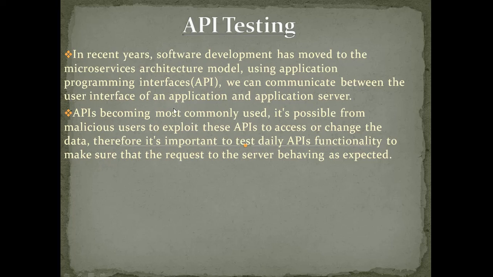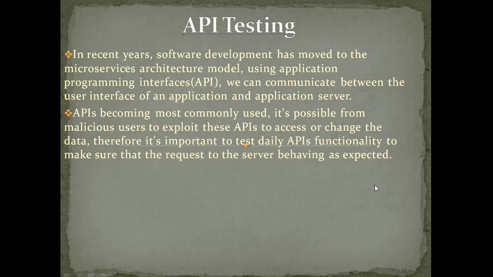With APIs becoming most commonly used, it's possible for a malicious user to exploit these APIs to access or change the data. Therefore, it's important to test API functionality daily to make sure that requests to the server behave as expected.